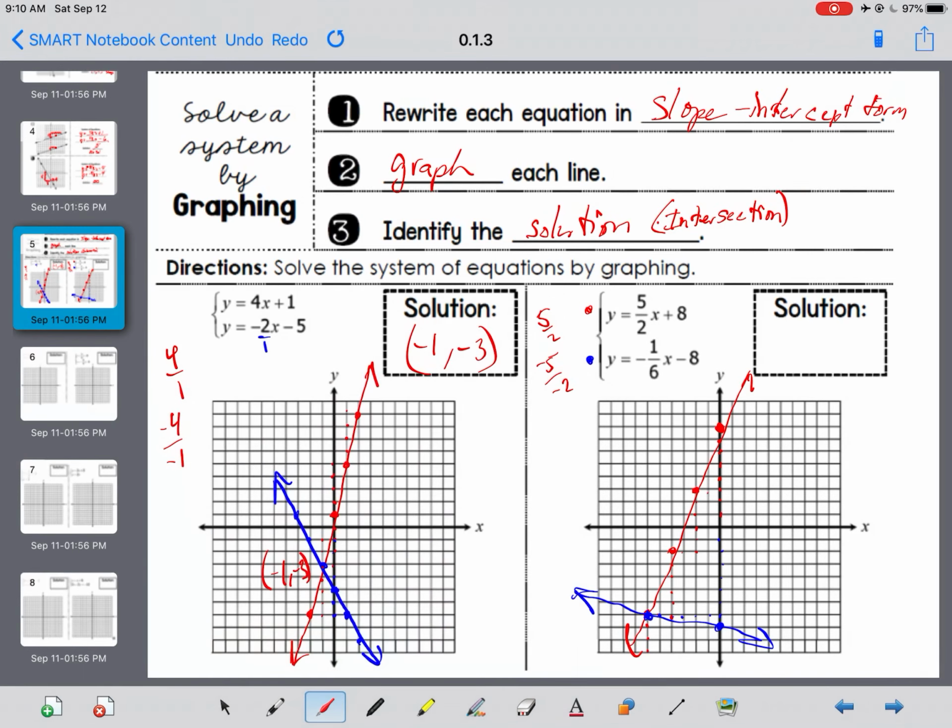Now, what's that solution? Well, it's way over there, isn't it? I'm going to go down, counting 1, 2, 3, 4, 5, 6. And it's negative because I went to the left. And then 1, 2, 3, 4, 5, 6, 7. Negative 7 because I went down. There's my solution.